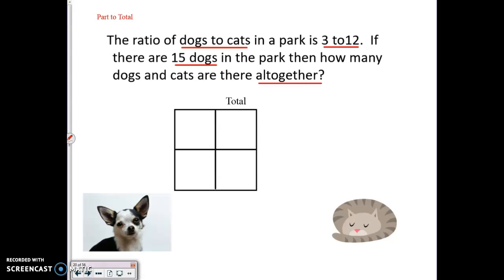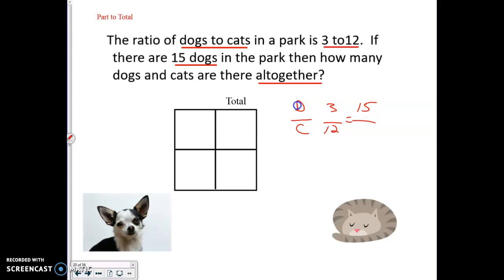So as we look at the ratio of dogs to cats in a park is 3 to 2, or 3 to 12, excuse me. So I'm going to go dogs to cats, 3 to 12. Okay, if there are 15 dogs in the park, so again, dogs is where I'm looking here, then how many cats are there altogether?